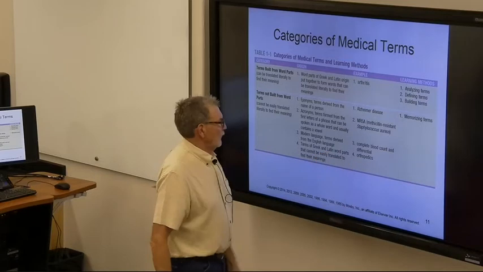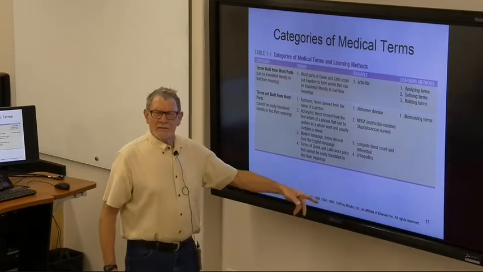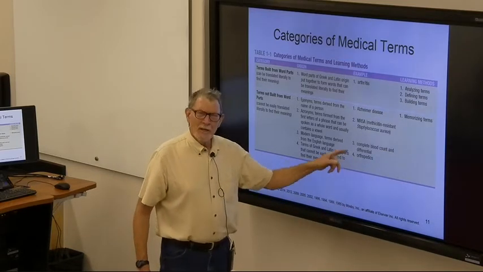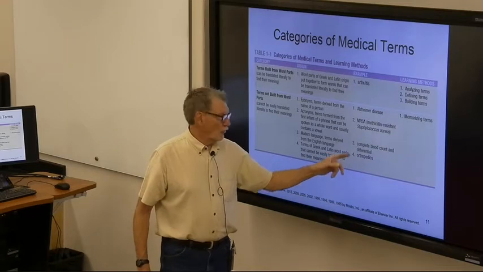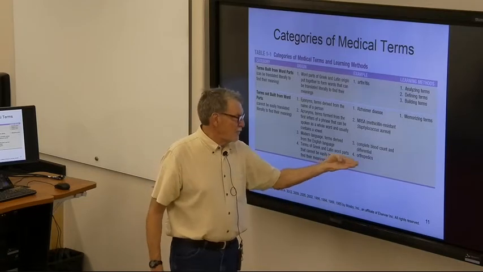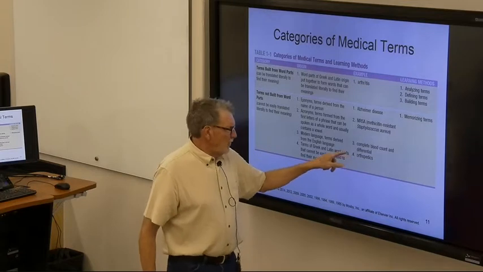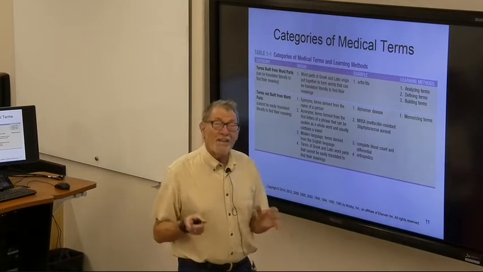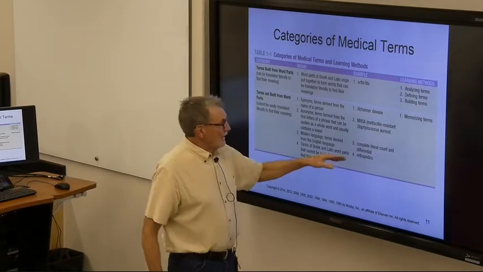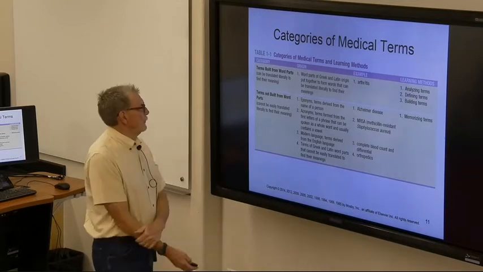Complete blood count. Orthopedics. It sounds like it might be made of word parts, but it isn't exactly. It can't be defined by looking at the word parts and saying that's what it actually means. So you're going to have to memorize what that means.